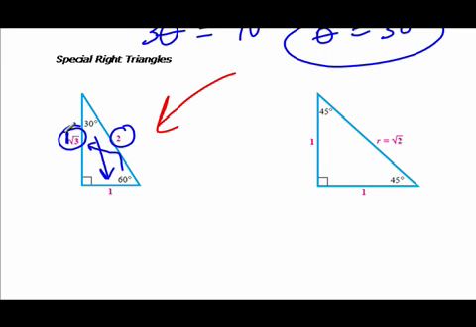Now on the right-hand side, we have what's called the isosceles right triangle. And a property that if you had some type of high school geometry, maybe you learned it in another class, one property about an isosceles triangle is not only are two sides equal, but also the angles across from those got to be equal.